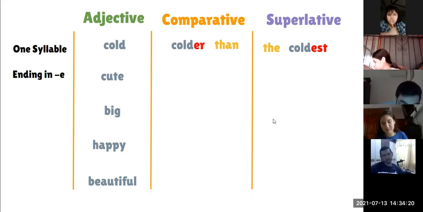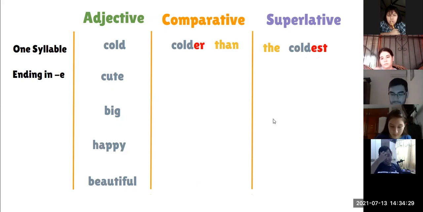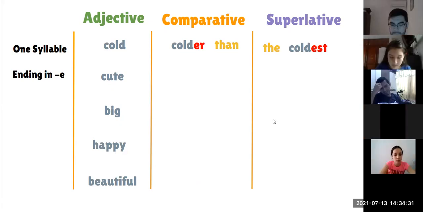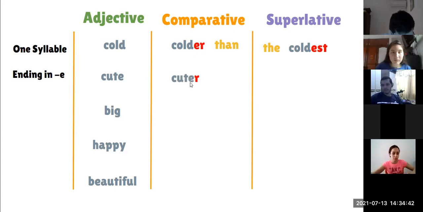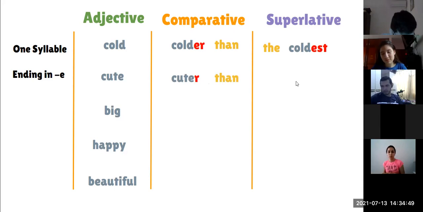The rule is add the R. Yes, we need to add an R. We don't need to add an E because we have the E here, right? The only thing we have to do is to add an R. Okay, so cuter than. This is the comparative.